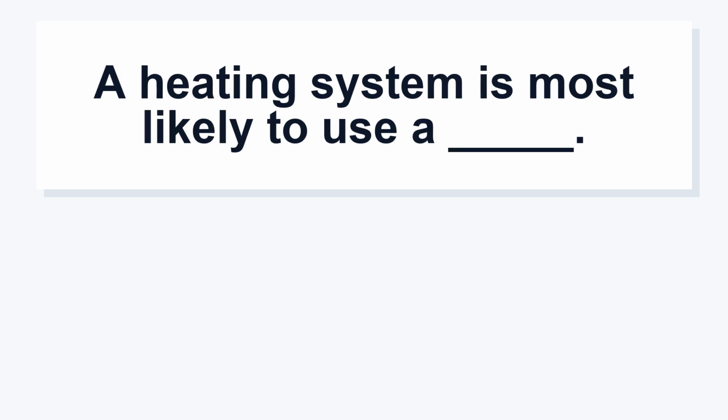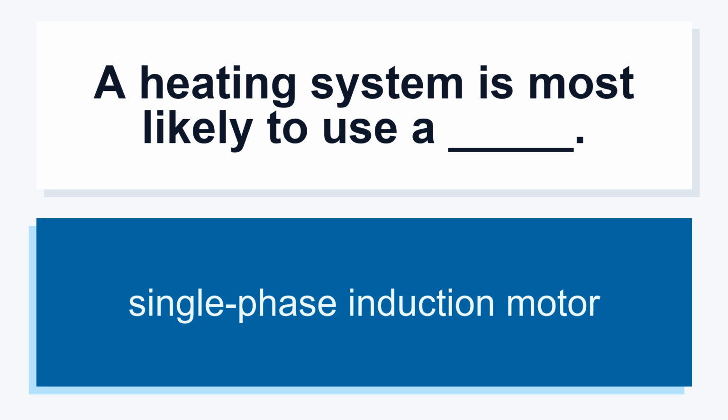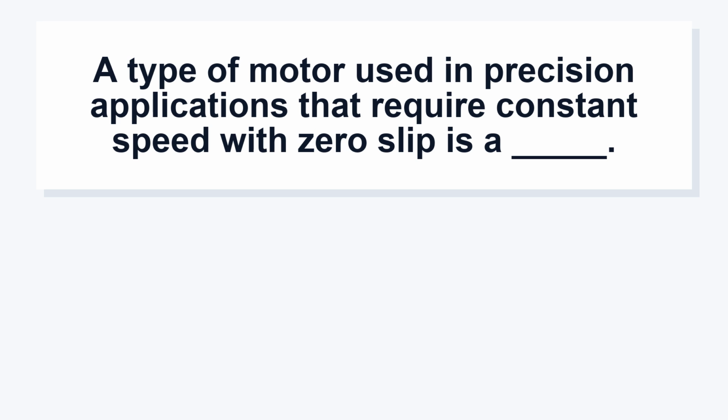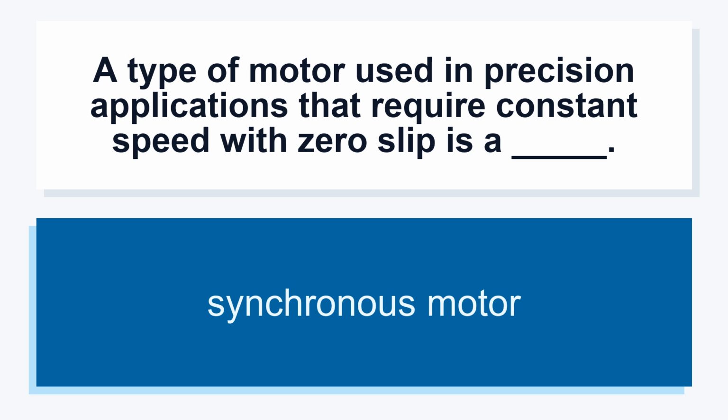A heating system is most likely to use a single-phase induction motor. A type of motor used in precision applications that require constant speed with zero slip is a synchronous motor.